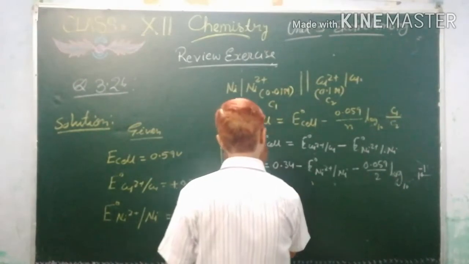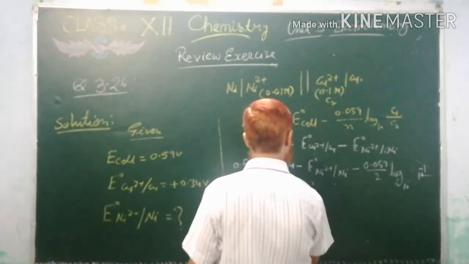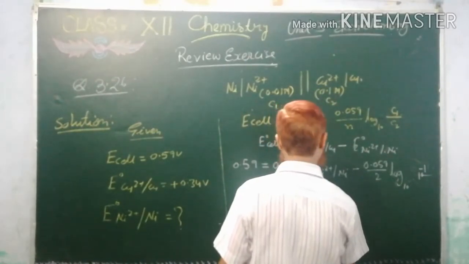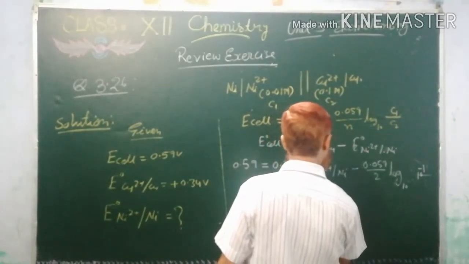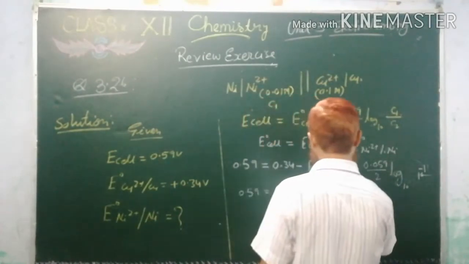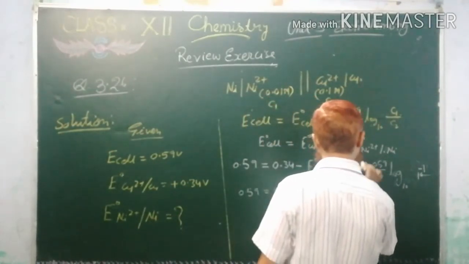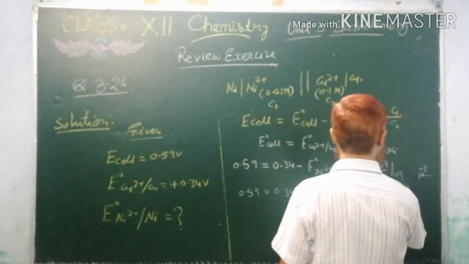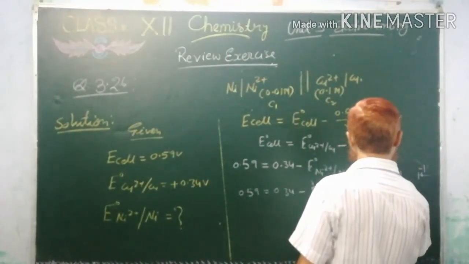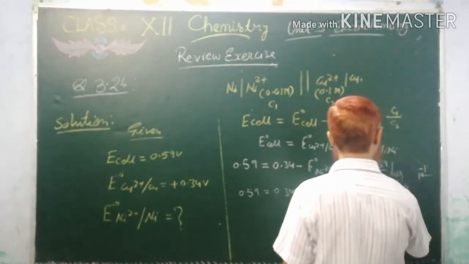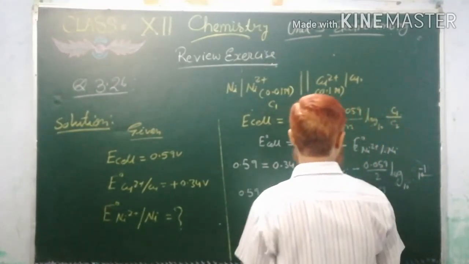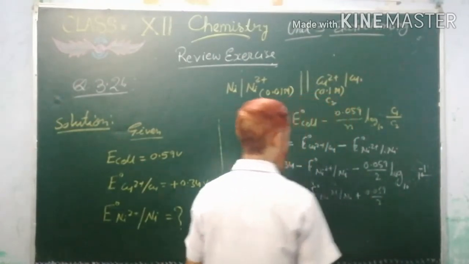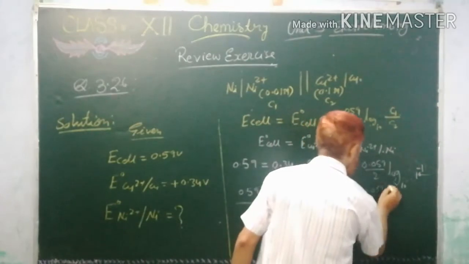So finally we will have 0.59 equals 0.34 minus E naught Ni2+ oblique Ni, minus 0.059 upon 2, and the minus 1 will multiply here, so it will be plus 0.059 upon 2. I think now you can solve this.